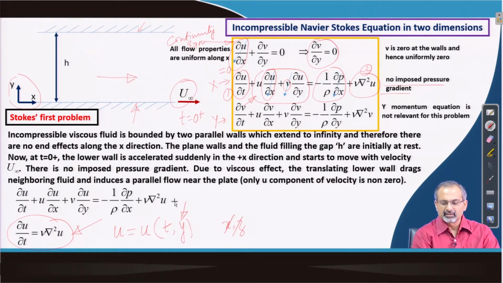So, we have just 2 independent variables t and y on which u depends, and therefore, this Laplacian would reduce to del 2 u del y square.